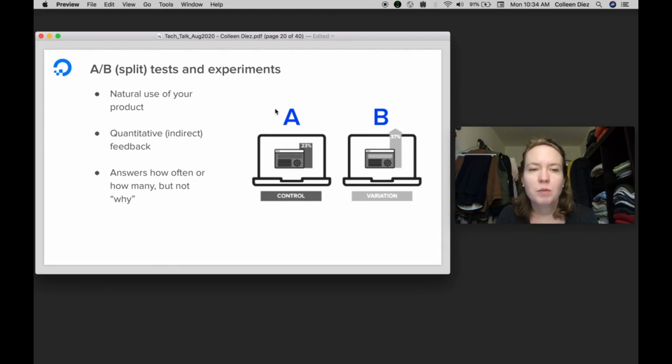So in terms of split tests and experiments, I came across this at a former startup I worked at, where we had done qualitative research and interviews, and we knew that this brand new product we were going to launch was something our customers needed. But when we rolled out a sign up page, we were not getting any signups.